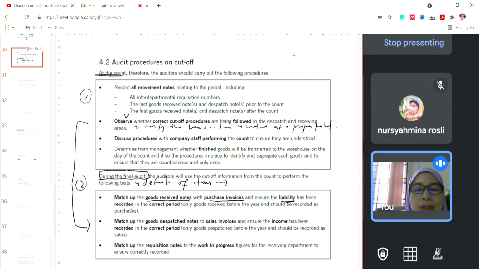Match up the requisition note for raw material to the work in progress figures for the receiving department to ensure they are correctly recorded. So this is the difference between procedures 1 and 2, at the count and during the final audit. Any questions?